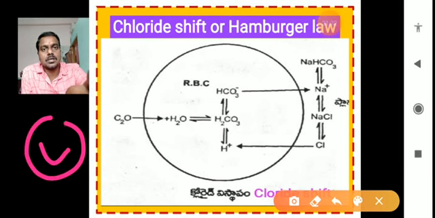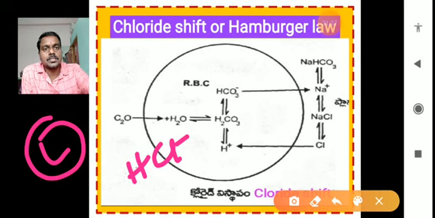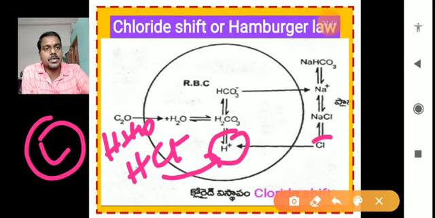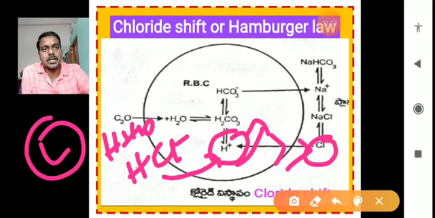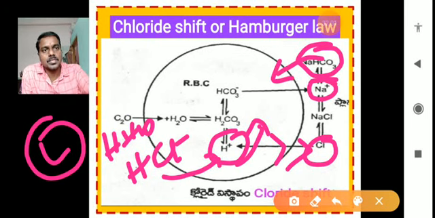At the lung, HCl or HHb is there in the RBC. The HCl is released as H plus ions and Cl minus ions into the plasma. The H plus ions are released, and at the same time the sodium ions are also released from the sodium bicarbonate. Then the sodium bicarbonate forms Na plus and HCO3 minus.